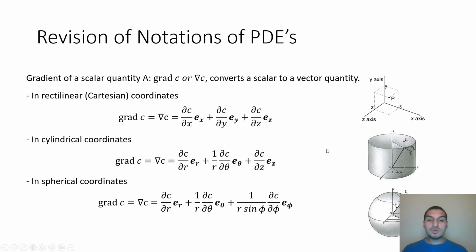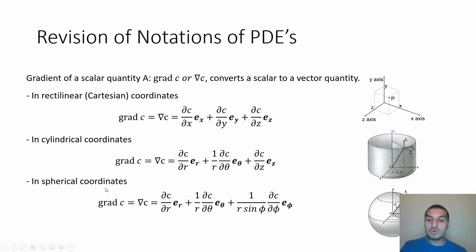For each coordinate system you have a different definition of the gradient of c, or of any scalar quantity. In cylindrical coordinates, this is how you write it: partial c partial r e_r, plus 1 over r partial c partial theta e_theta, plus partial c partial z e_z.